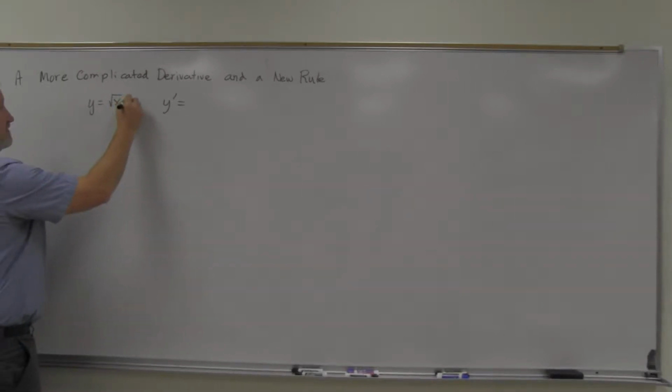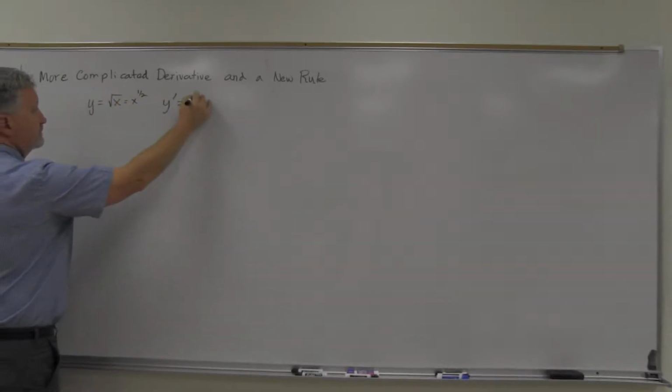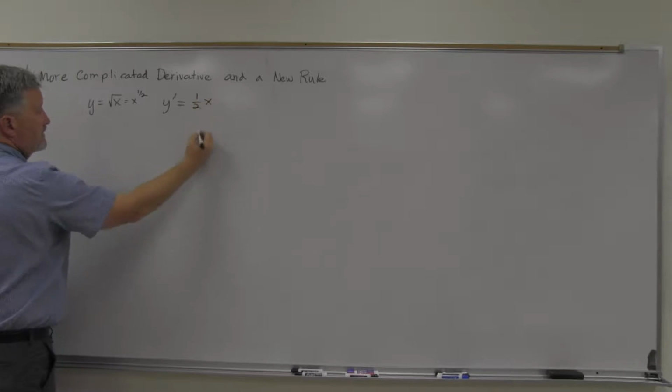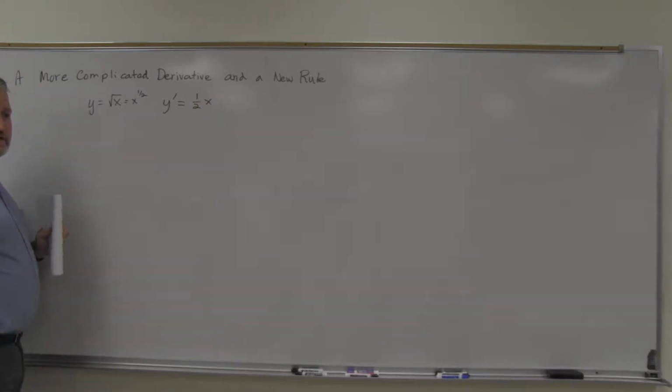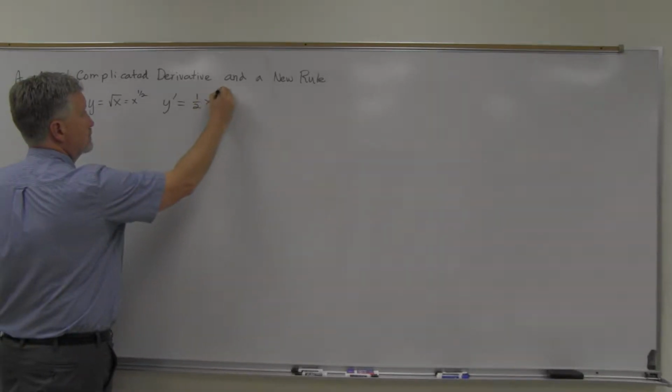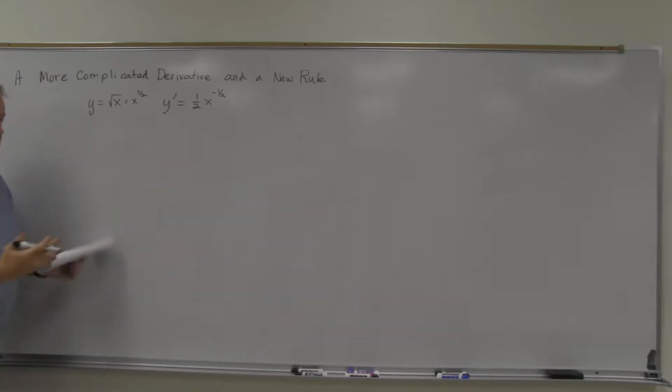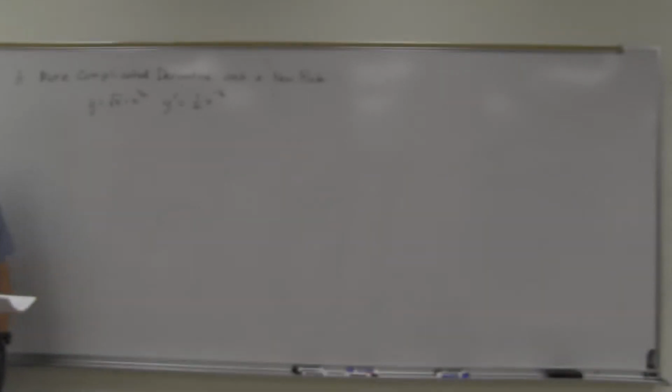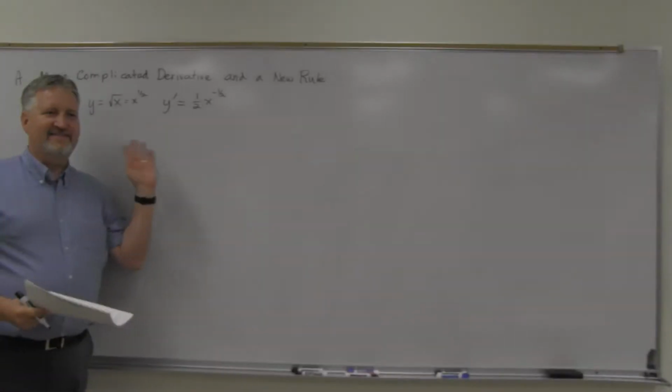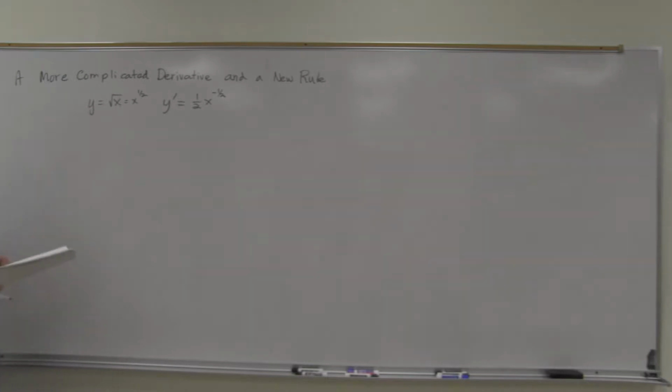So the derivative is 1/2 times x to the minus 1/2 is one form of it. And we could change it into other forms, but let's just leave that. We'll refer back to that in just a second, okay?